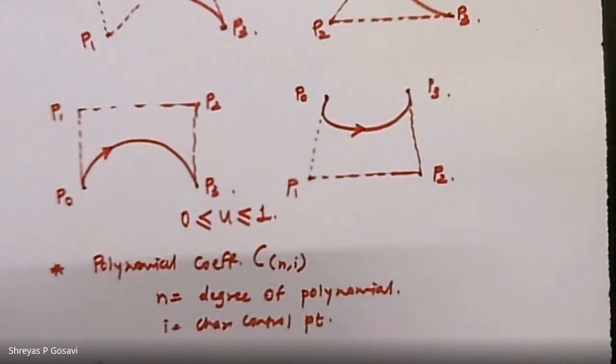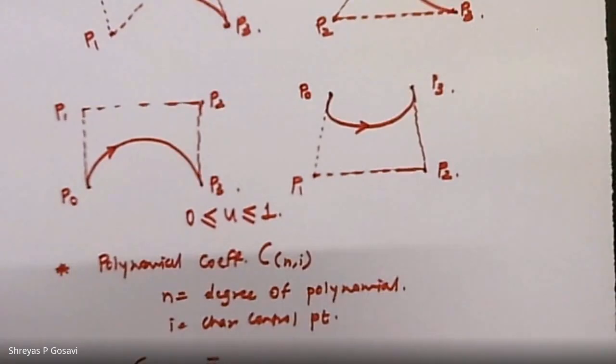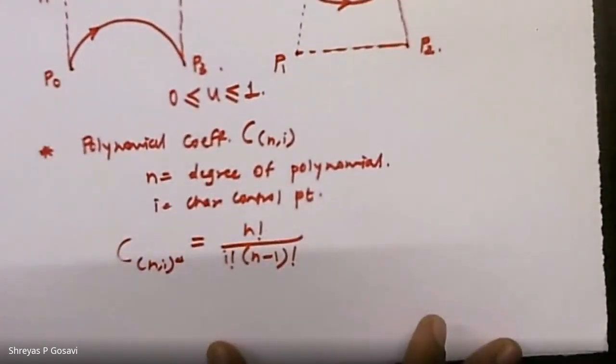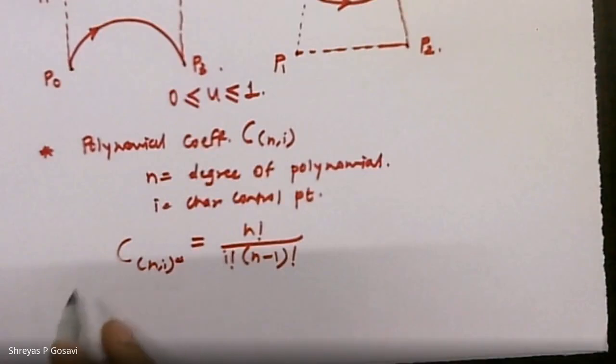So this binomial is defined as C of n, i is equal to n factorial upon i factorial into n minus i factorial. Okay. So let's apply the boundary conditions to this polynomial coefficient, that is at i equal to 0, that is about the start point.